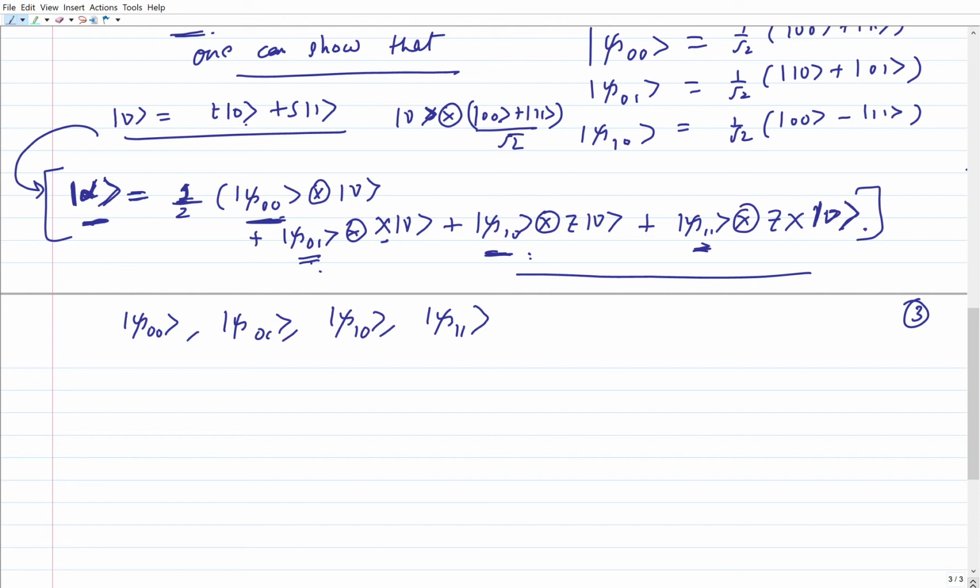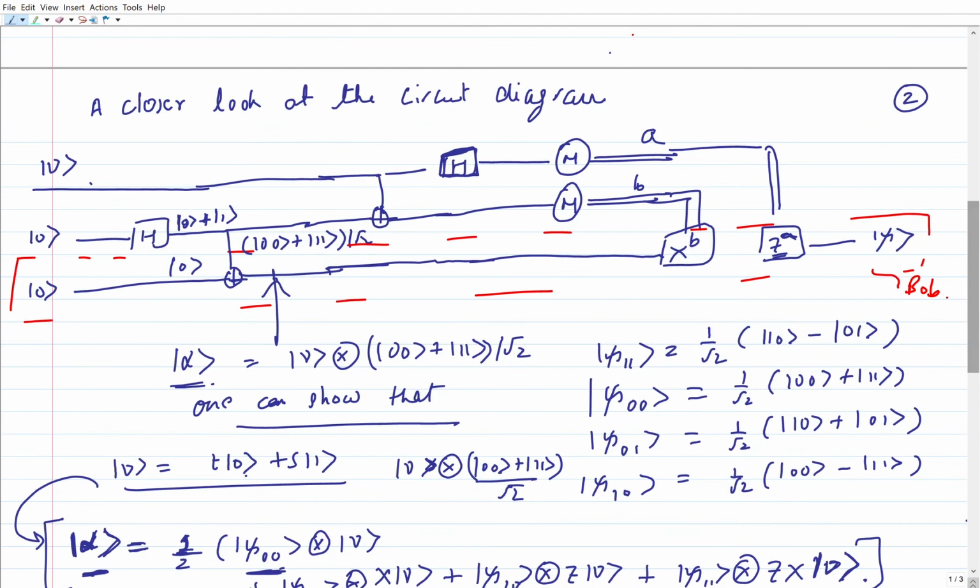and then send two bits of classical information out of this measurement. So essentially, here is what Alice is doing, trying to distinguish the two orthogonal states, Alice's measurement.